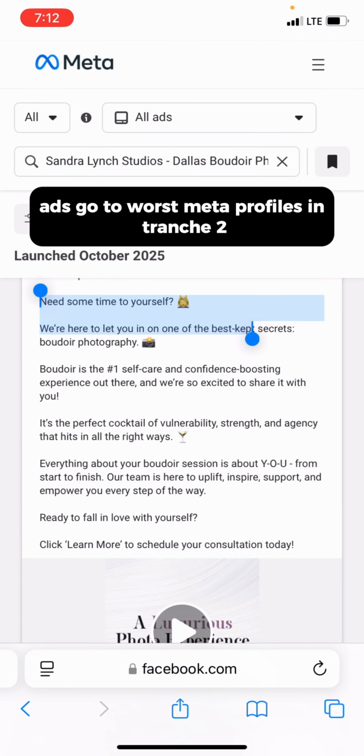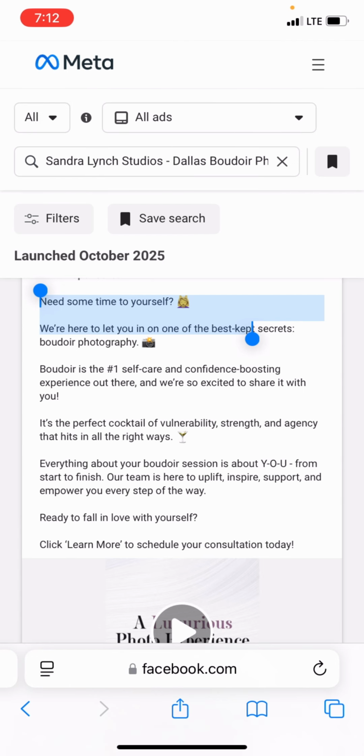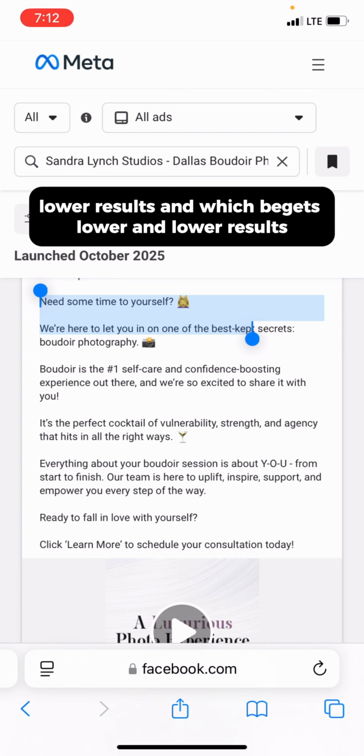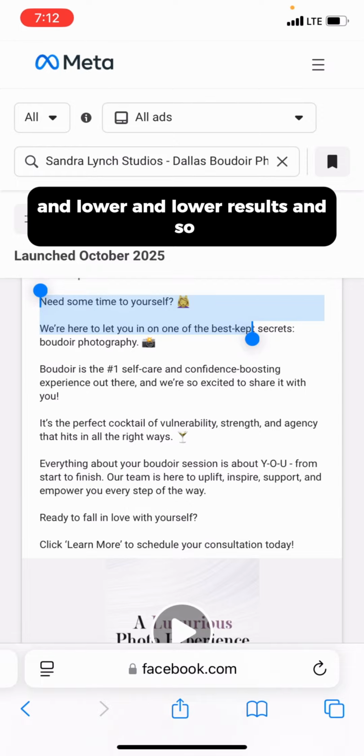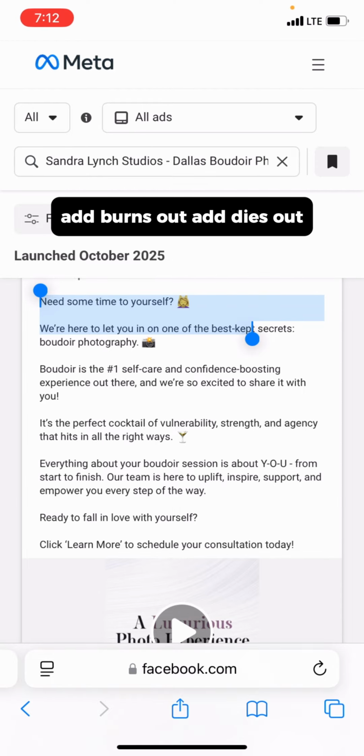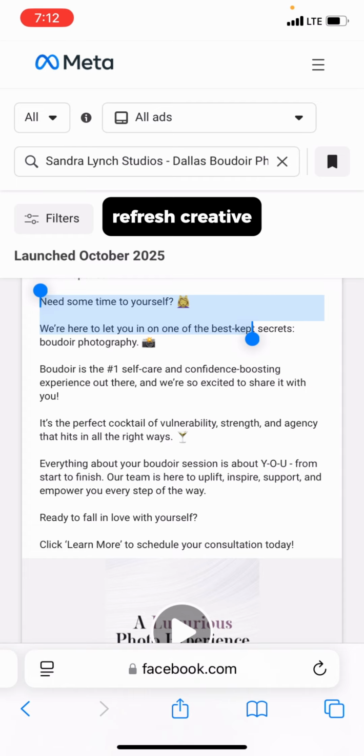Our ads go to worse Meta profiles in tranche 2, which means same ad spend, lower results, which begets lower and lower results. And so, downward spiral of despair, ad burns out, ad dies out, refresh creative.